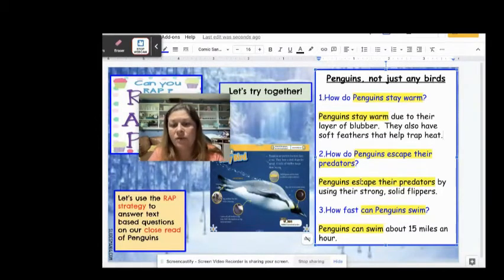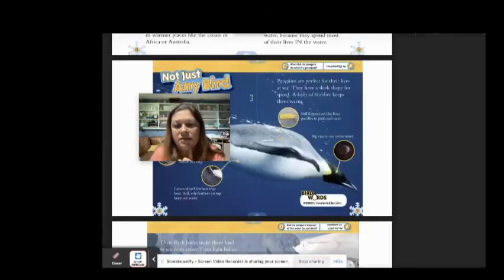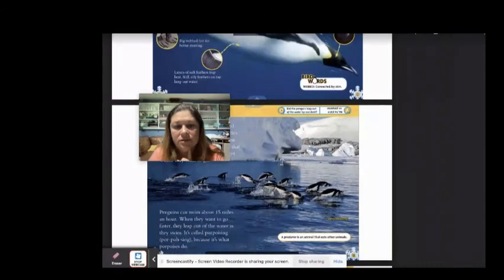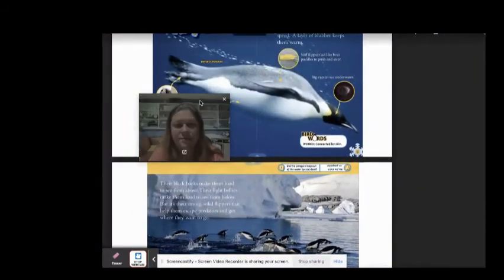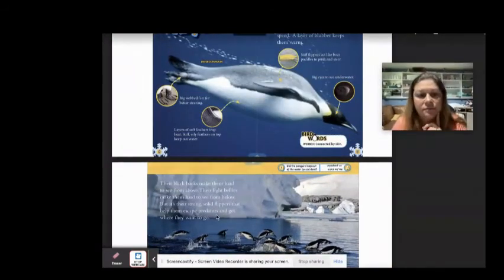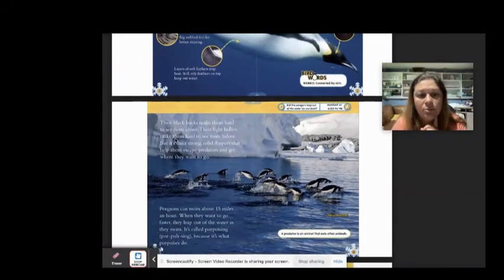And let's see, penguins escape their predators by using their strong, solid flippers. What else can we find? Let's see the next page if there's more information on there. Their black backs make them hard to see from above, and their light bellies make them hard to see from below. All right. And notice that here's the information that I wrote down first. They have strong, solid flippers that help them escape predators.